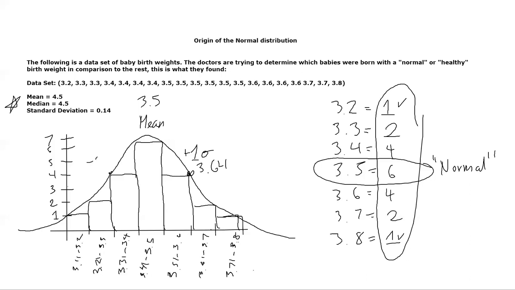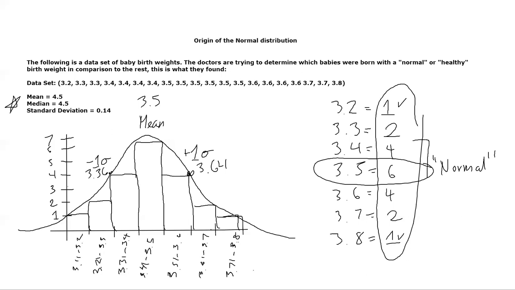This is -1 standard deviation, right? And we subtract it, so this would be, let's see, 3.36. So if your baby weighs anywhere between 3.36 kilograms and 3.64 kilograms, they're considered within one standard deviation, and that's normal.